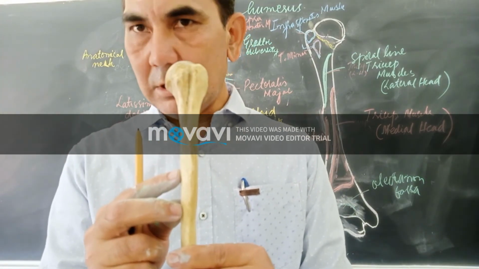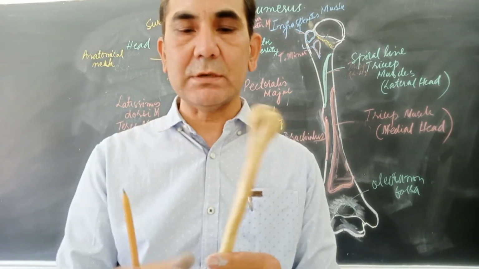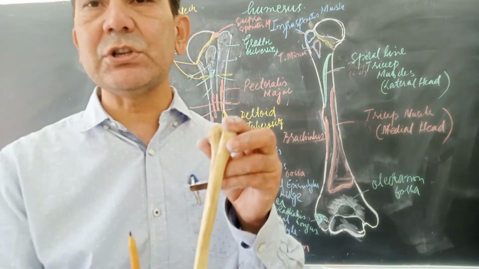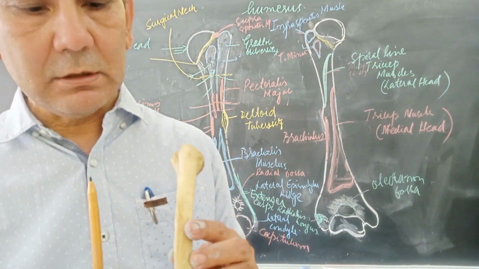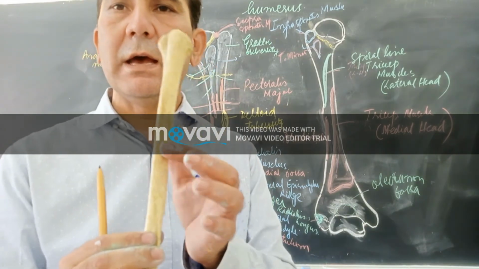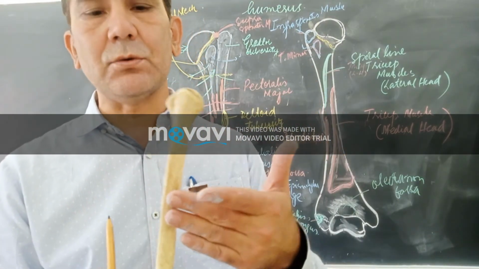Between the medial border and the lateral border, this surface is called the posterior surface. So there are three borders and three surfaces at the shaft. Just at the middle of the shaft on the lateral side is a tuberosity, called the deltoid tuberosity. Deltoid muscles are attached over here.